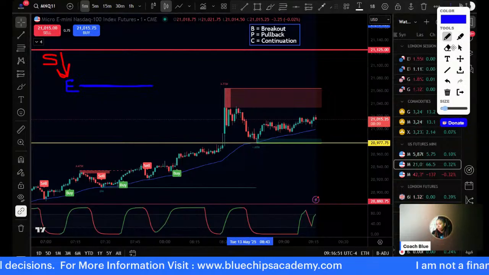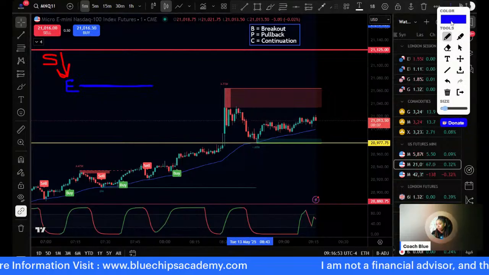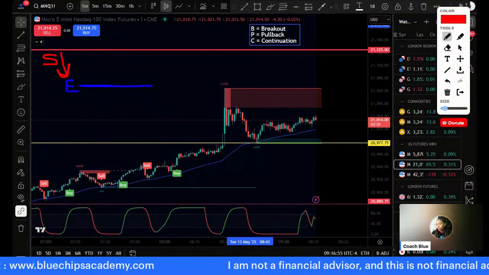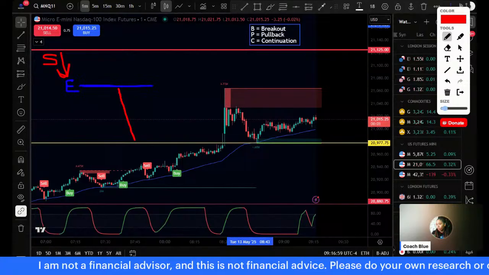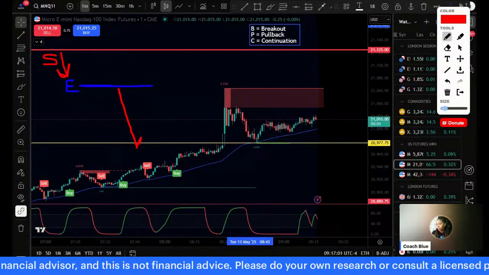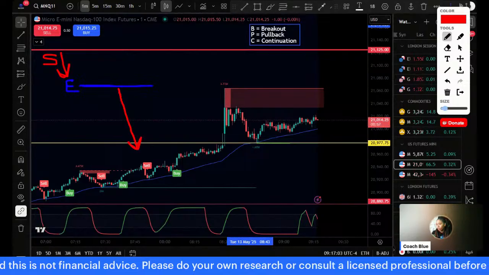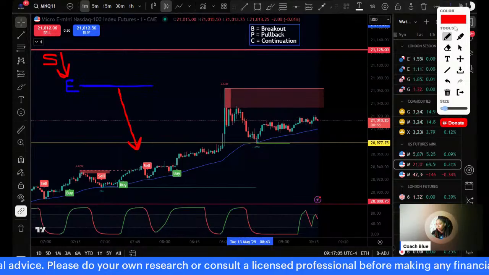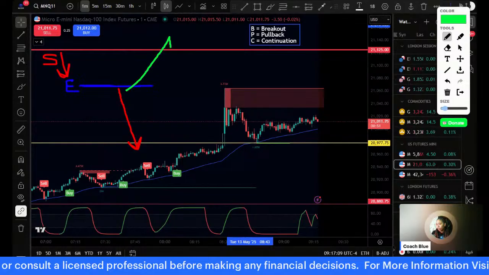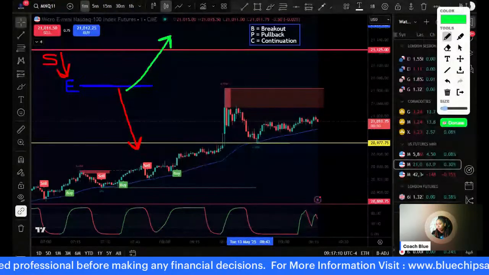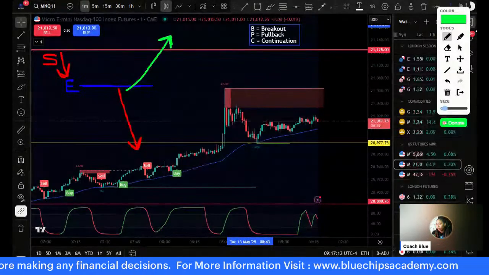Now, with the sell, the further away price moves down, the more money you make. If price goes in the opposite direction, the more money you lose. Okay, so let's put our stop.